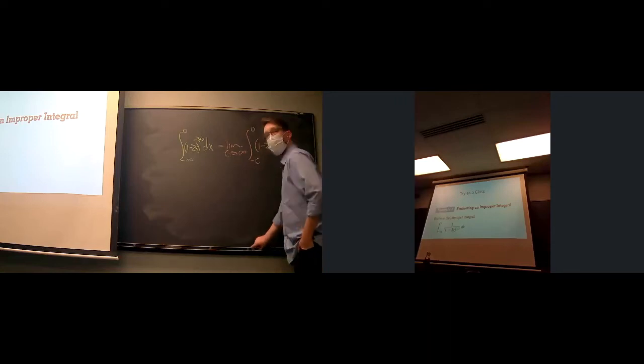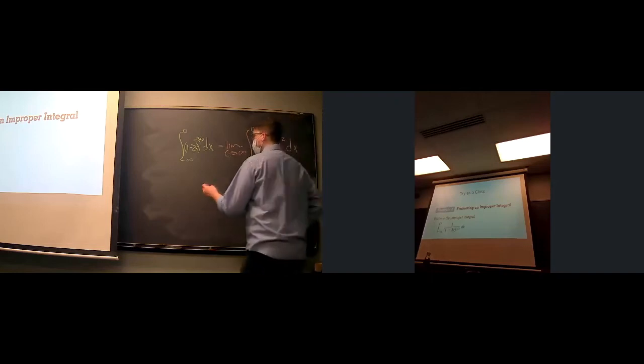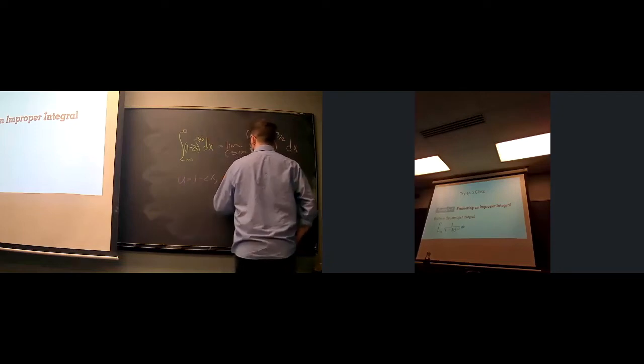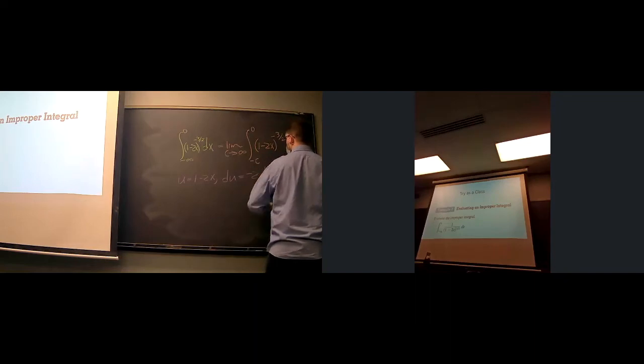Now, the first thing we need to do is apply u substitution here, right? So setting u equal to 1 minus 2x, du would be equal to negative 2 dx. So this tells us that our integral can be rewritten using u sub as the limit as c goes to infinity.